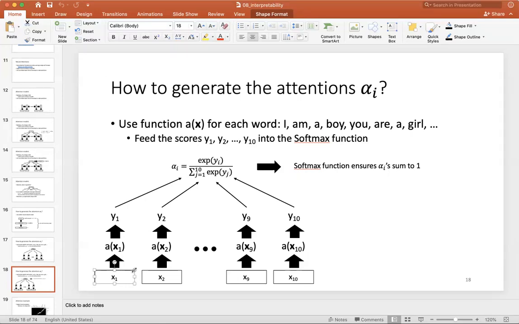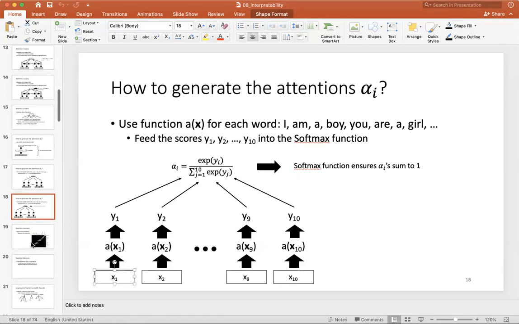But what I'm saying is typically what people did back in 2015, 2016 is they feed the input into the RNN, derive the hidden representation for each time step, and then put those hidden representations into an attention function, derive the alphas, and then get a convex sum out of the hidden representations.